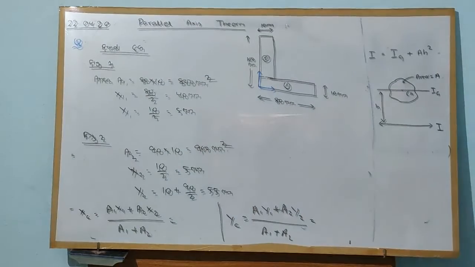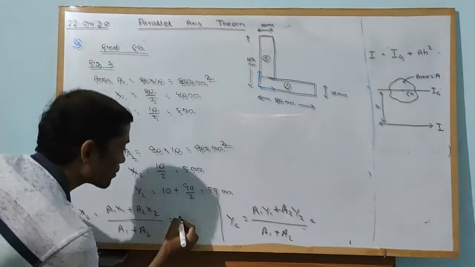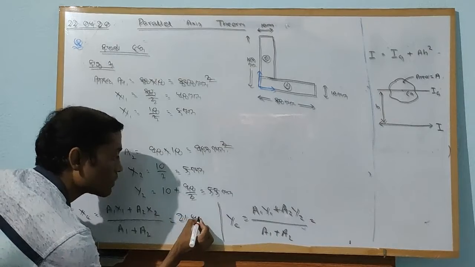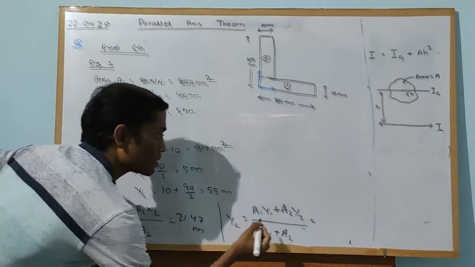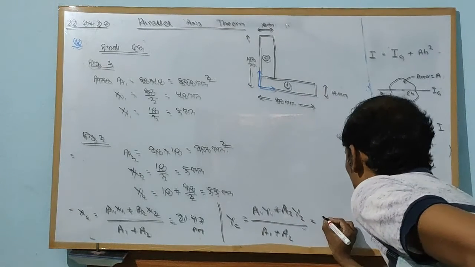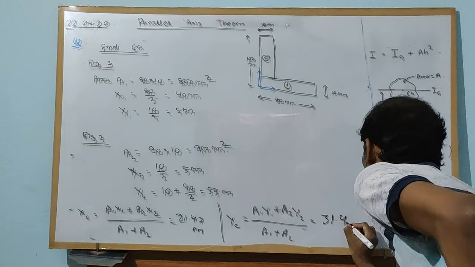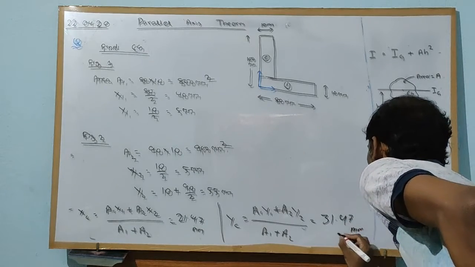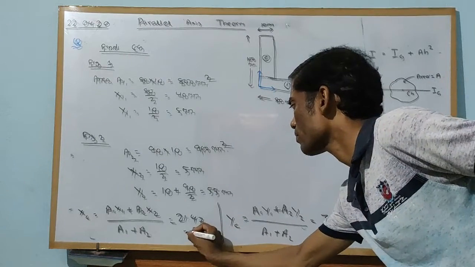You only have to put in the data and compute. I already computed the values. XC is coming 21.47 mm and YC is coming 31.47 mm. You can check. So I can directly write the answer.